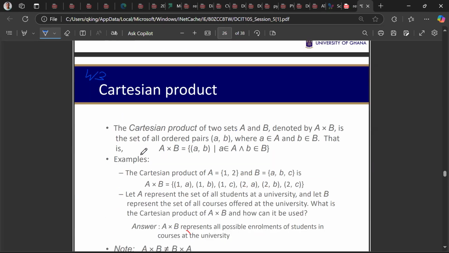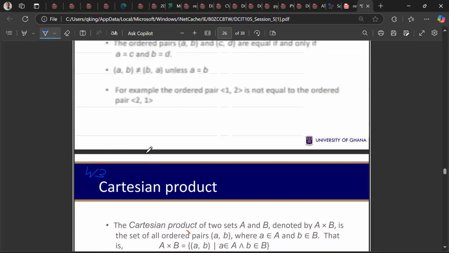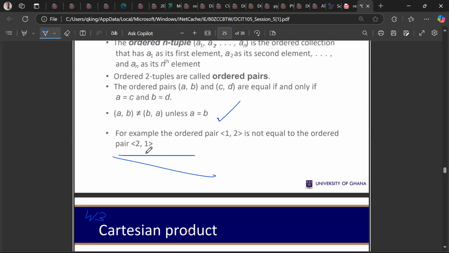And so looking at the Cartesian product, okay, so even before we come back to the Cartesian product, looking at this last example once again, the reason why it's not equal highlights what?